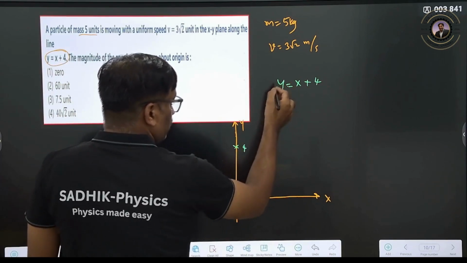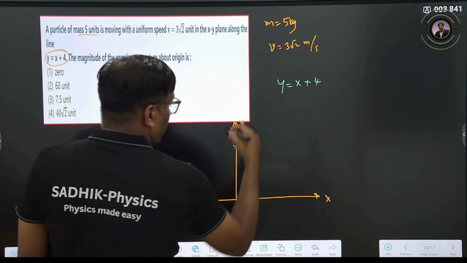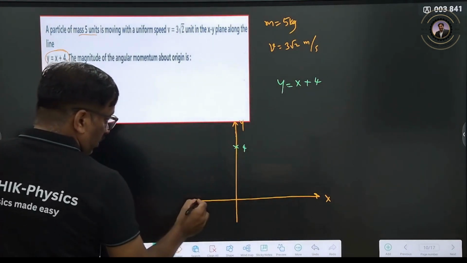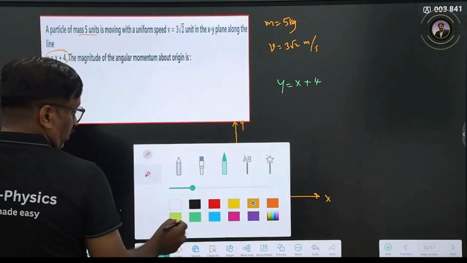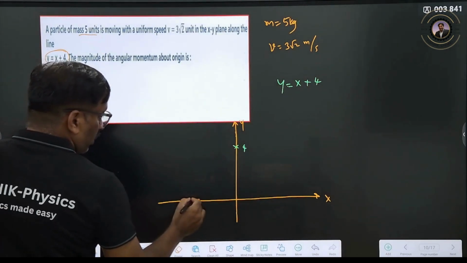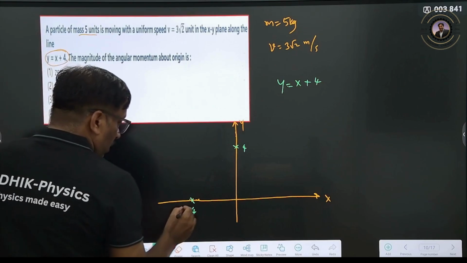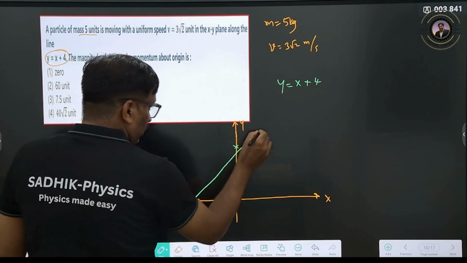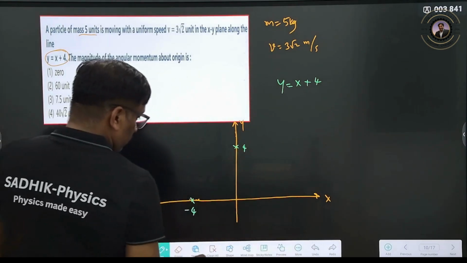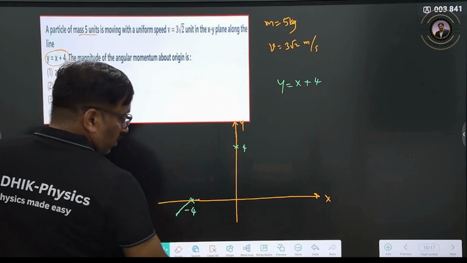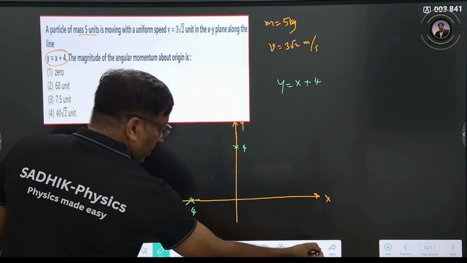If y is 0, then x will be minus 4. Here it will be minus 4. If you draw this, we will see one straight line.